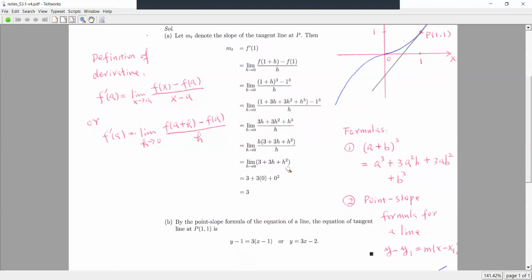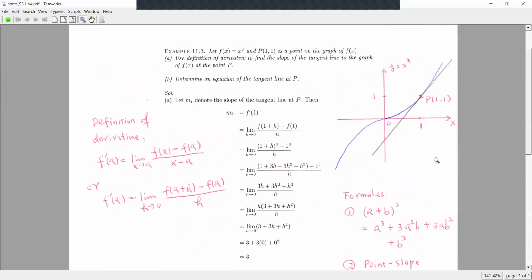Now for this limit, I plug in 0 for h, then this limit is equal to this number. This number is 3. So therefore, the derivative of the function f at 1 is 3. And the number 3 is also the slope of this tangent line.